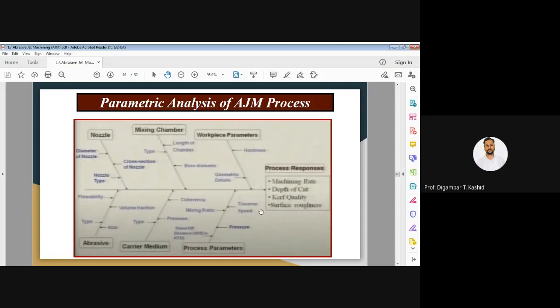They are affected by these input parameters. I want to highlight what this kerf quality is.